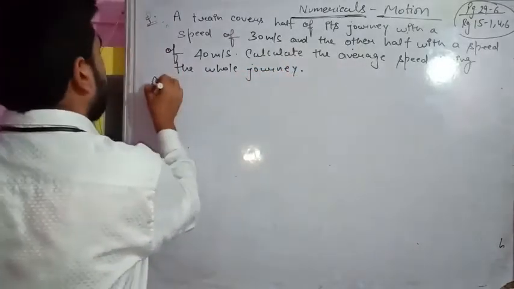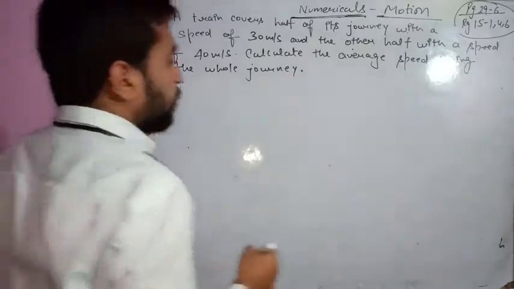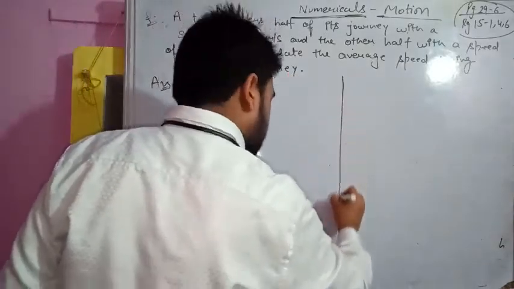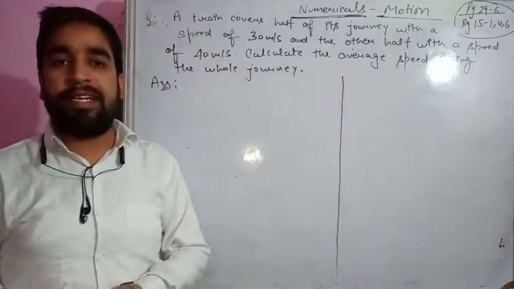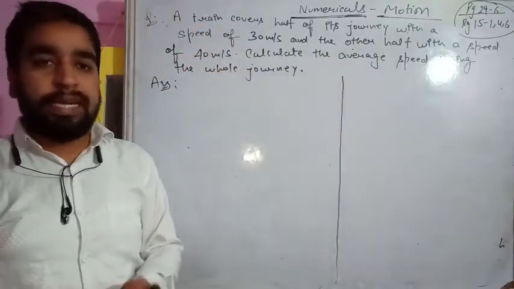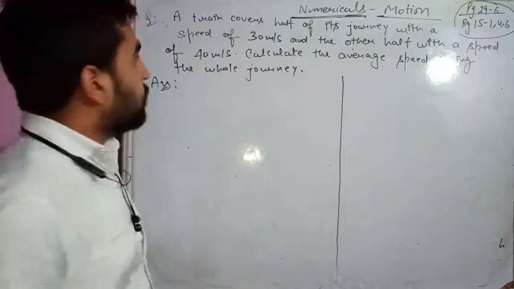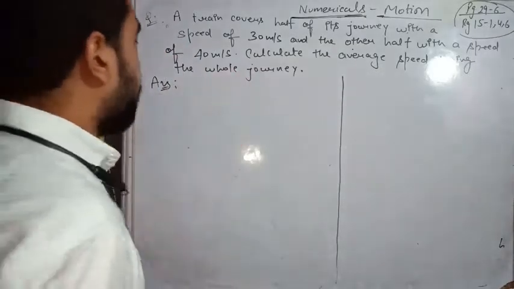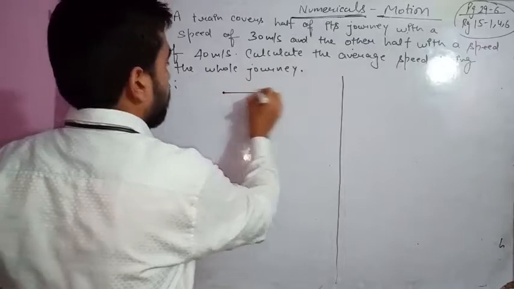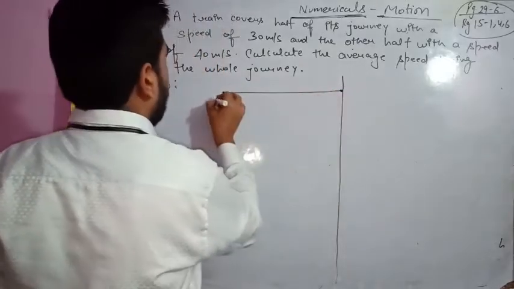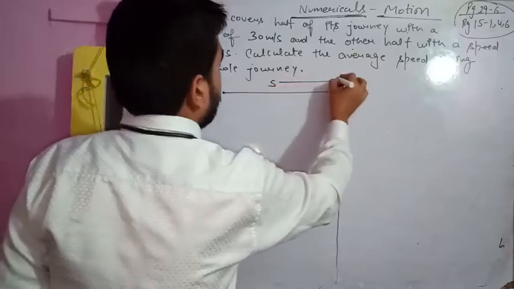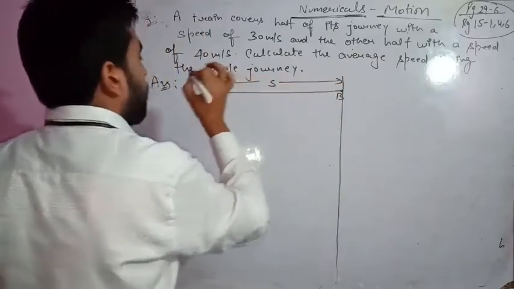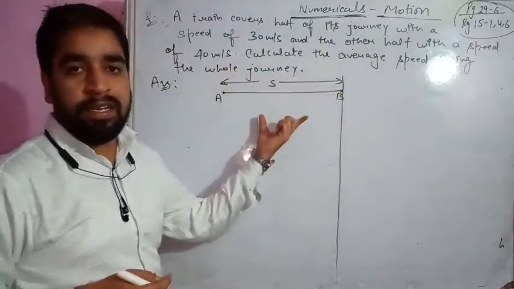Question I have written. And whenever you are solving a question in physics, it's really important to actually picturize it, visualize it. Okay, that's why we draw the figure. So a train covers half of its journey. So let us draw a figure. Suppose the total journey is S, because we don't know how much journey it has traveled.